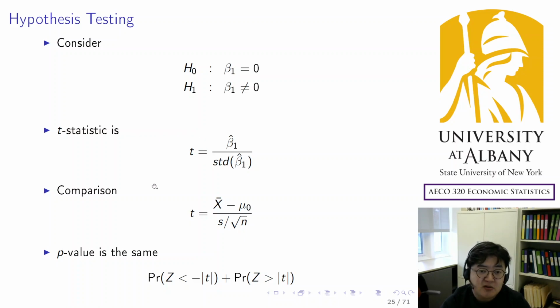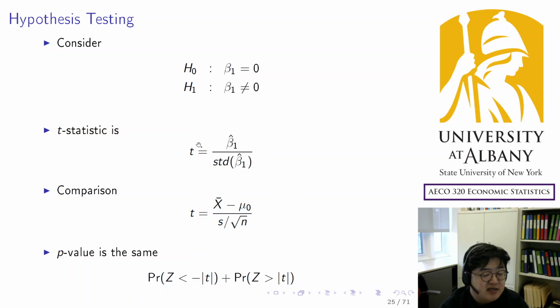So compare the T statistic to the formula we learned in chapter 9. Same. So point estimator of the population mean and your belief about the population mean, standardized by standard error. So basically the same structure. This minus mu0 part is 0, so that disappears. But basically same formula.